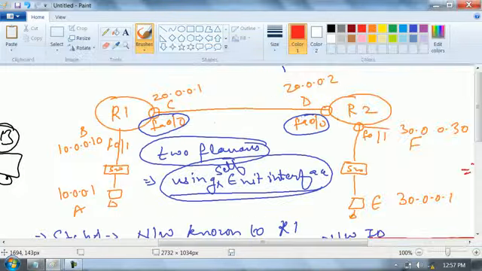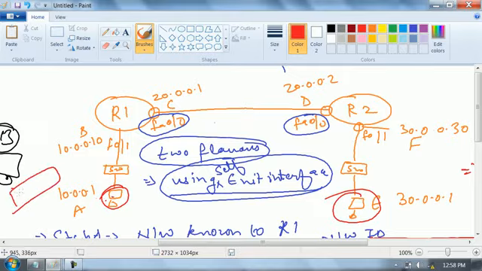Now the user who is sitting here tries to send a packet here. From here he will start. Source MAC will be A, destination will be the router's MAC, and the data will be received by R1. Now R1 will check the destination IP. Agree or not? R1 will say, yes, I know about 30 network.